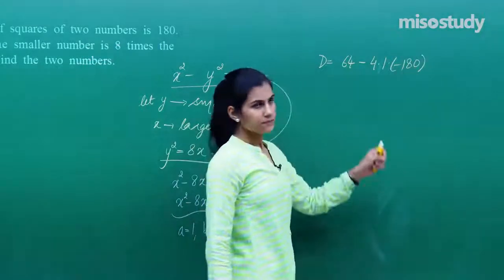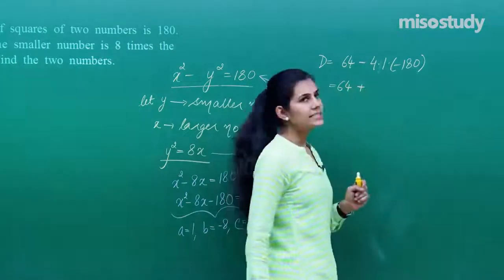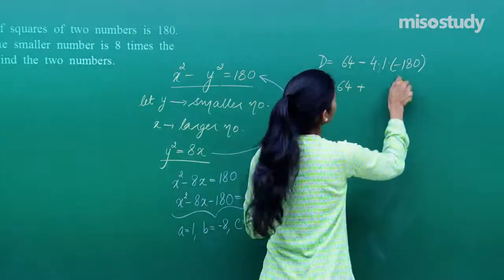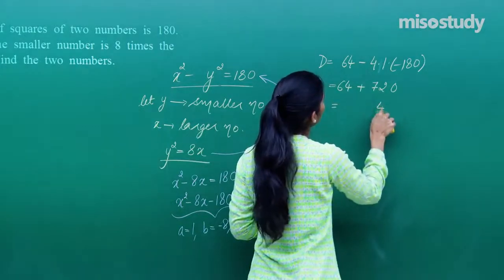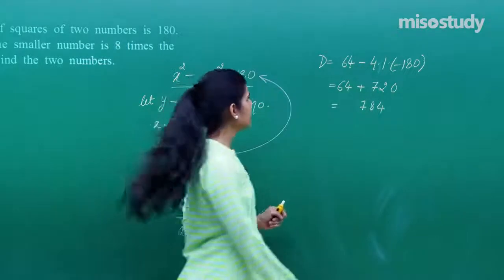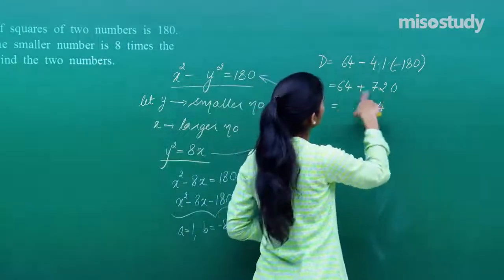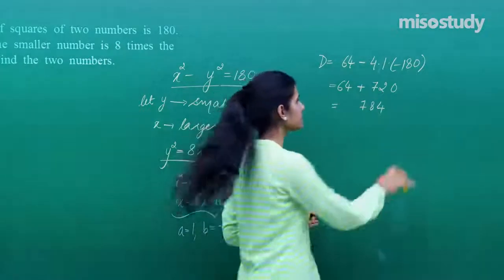So obviously this is 64 plus 180 into 4. That gives you 784. So obviously this is positive.